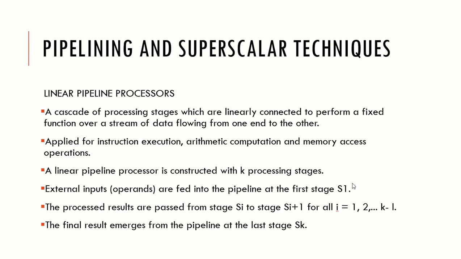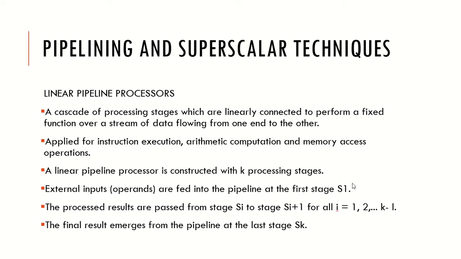A linear pipeline processor, just like any normal processor, is going to comprise k stages, so you call it a k stage pipeline. The external inputs are fed into the pipeline at stage number 1, and the processed results are passed from stage Si to stage Si plus 1. As I said before, the output of the previous stage will be taken as the input to the next stage.